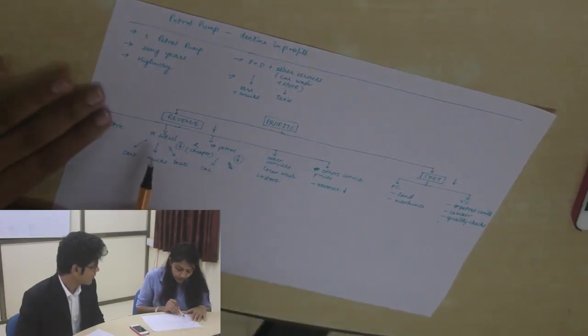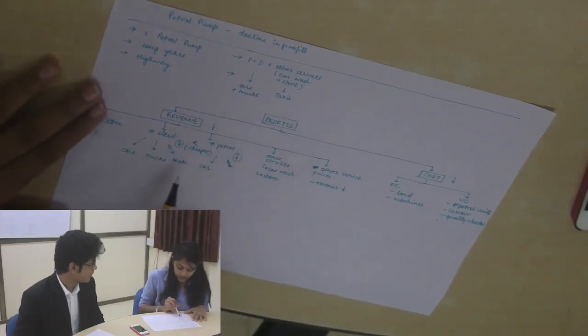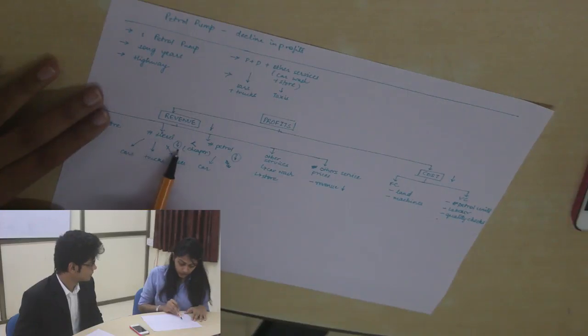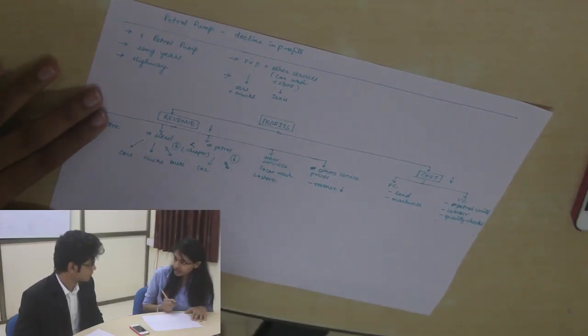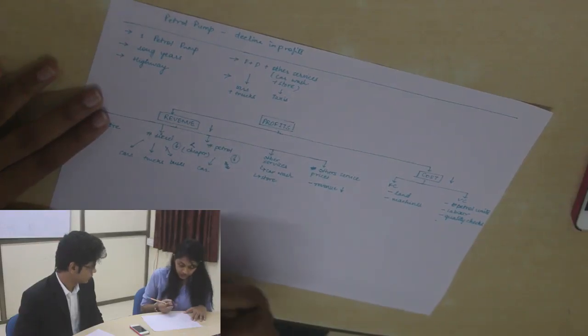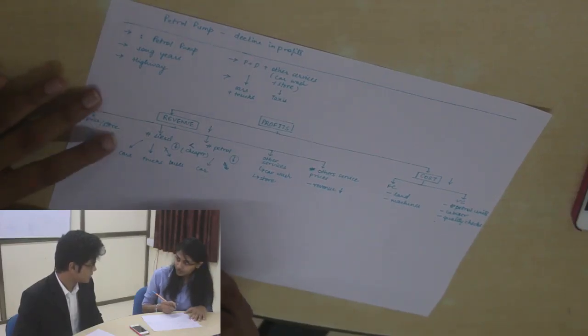So because the amount of petrol and diesel that we are selling has gone down, definitely the amount of customers that we are targeting has gone down. So what could be major? Are you sure that's it? Is that the only thing that could be happening?